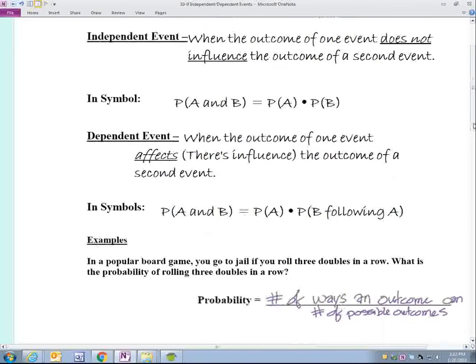But then there are dependent events. Dependent events are when the outcome of one event affects, so there's influence, the outcome of a second event.